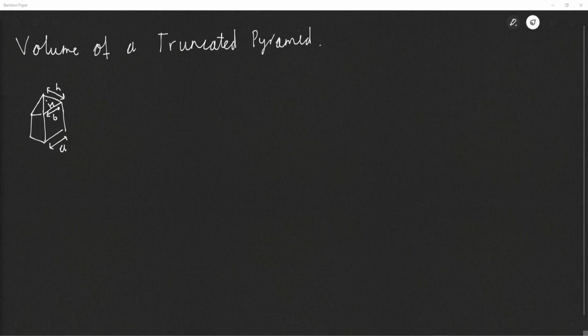Next, we're going to be looking at the volume of a truncated pyramid. This is also known as a frustum, and appears in the Moscow Mathematical Papyrus as problem number 14. The Egyptians had a formula that matches the modern one exactly.